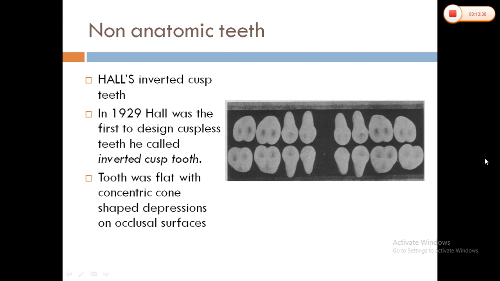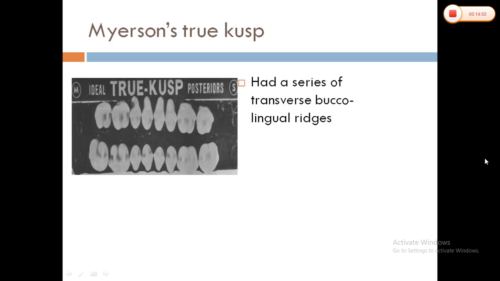Coming to non-anatomic teeth. Hall inverted cusp teeth. In 1929, Hall was the first to design cuspless teeth, which he called inverted cusp tooth. The tooth was flat with concentric cone-shaped depressions on the occlusal surface. Meyerson true cusp.